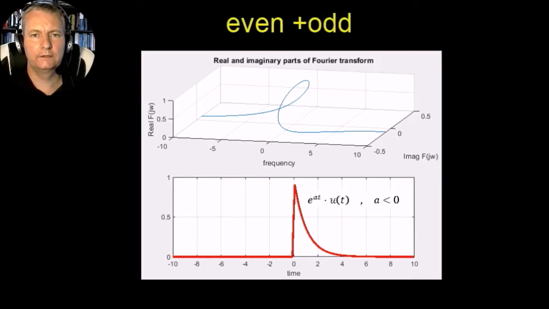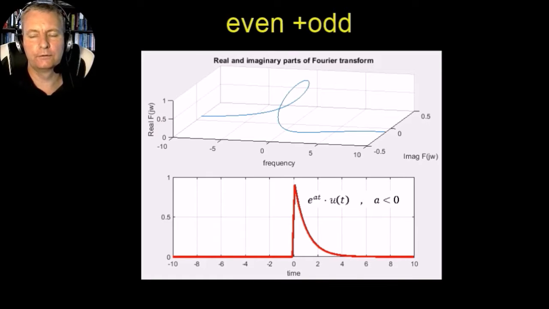So now we've added the even component to the odd component in the time domain and got back to our original function e to the at times u of t. Now we've seen from the last two slides that the even component gave us the real component of the Fourier transform, and the odd component gave us the imaginary part of the Fourier transform.